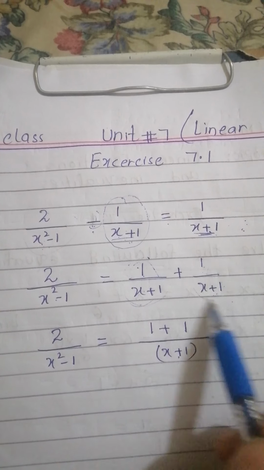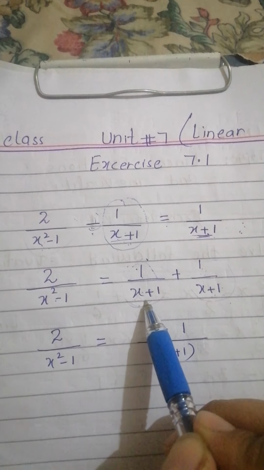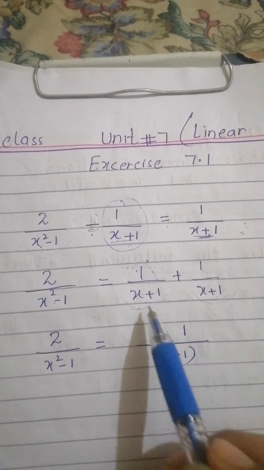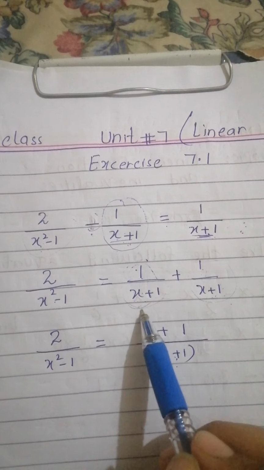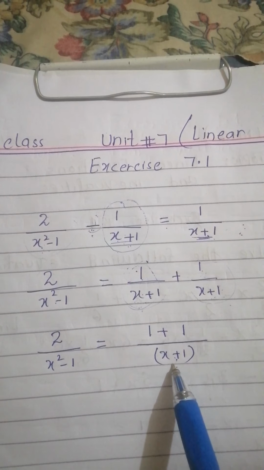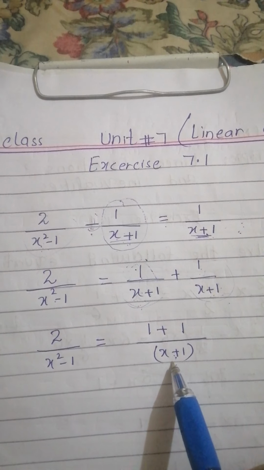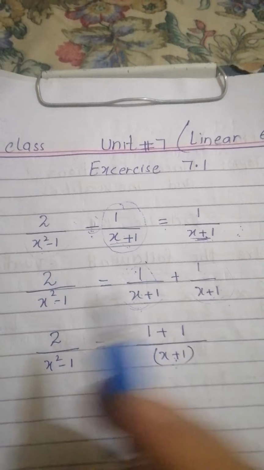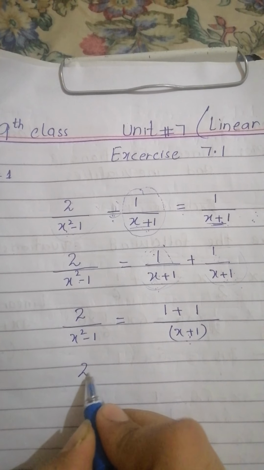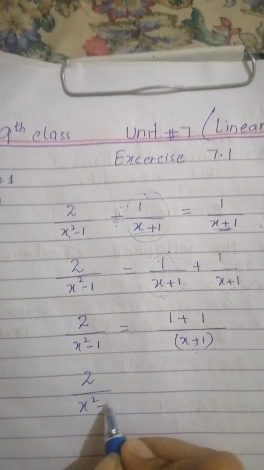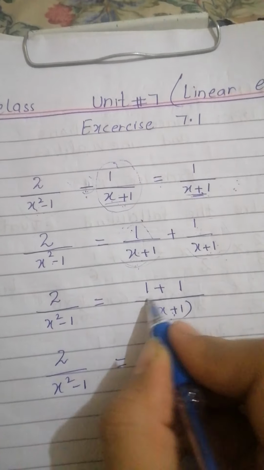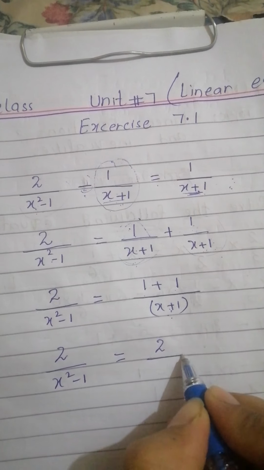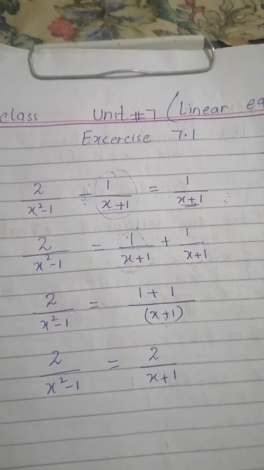These are like fractions because their denominators are same. So addition of like fractions means you will write the denominator one time, then you will add the numerators 1 plus 1, right? So this is 2 over x square minus 1 is equal to 1 plus 1, 2 over x plus 1.